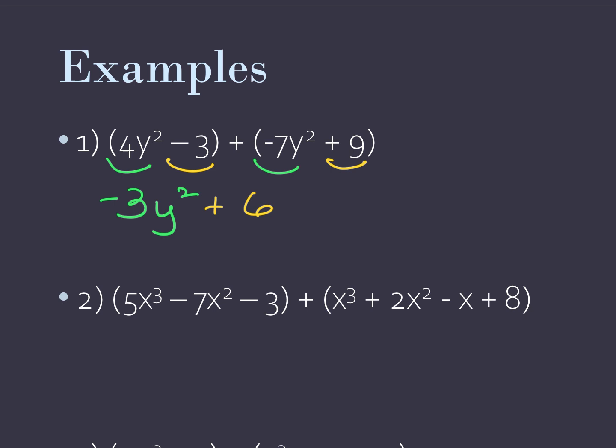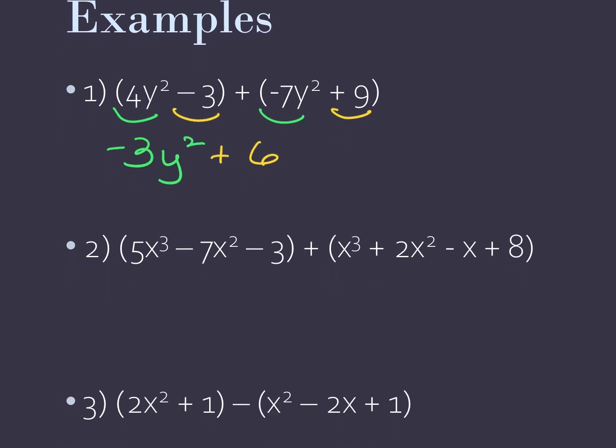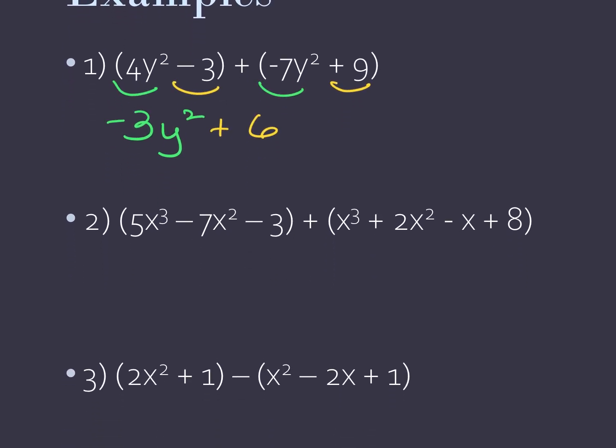For number 2, exactly the same thing. I'm going to look for my like terms. So I have a 5x to the third, and then here I have an x to the third. You need to pay attention to the symbol that's in between the polynomials. The first one is a trinomial, and the second one is just a 4-term polynomial.